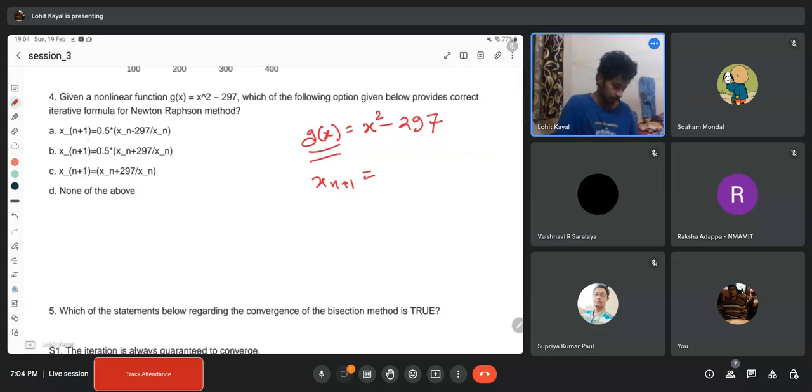Option A is x_{n+1} = 0.5(x_n − 297/x_n). Similarly, option B is x_{n+1} = 0.5(x_n + 297/x_n). This is the third option, and D is none of the above. This is a very easy problem, so take a few minutes and write the correct answer in the chat box, and then I will start discussing.